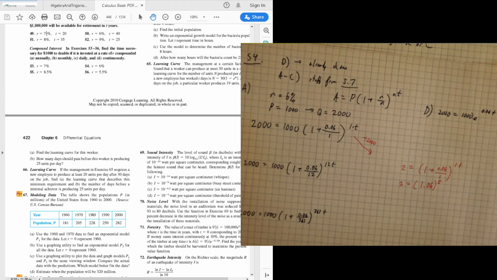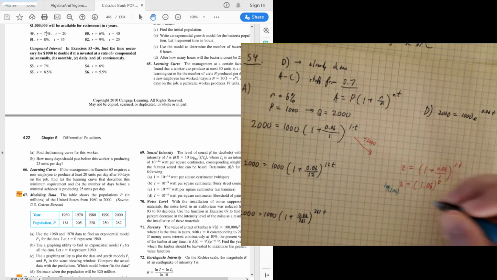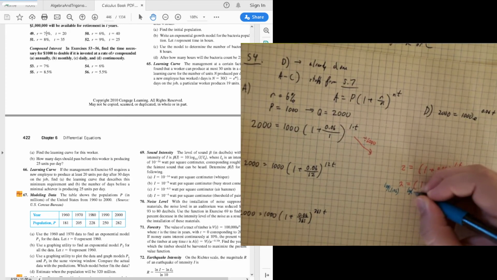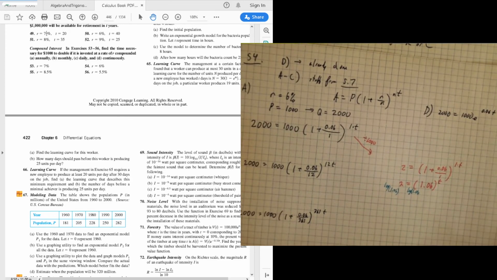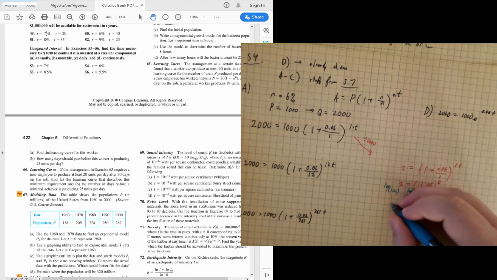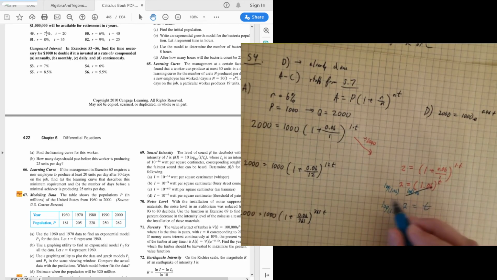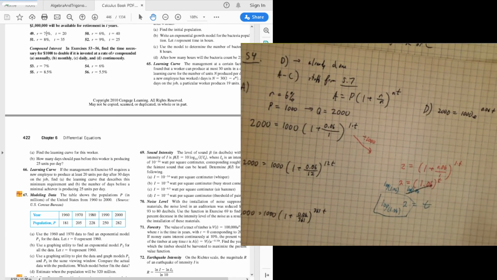And now I can use a log base 1.06 on both sides to cancel and allow me to get log base 1.06 of 2 equals t. And that's part A. This should be my answer.